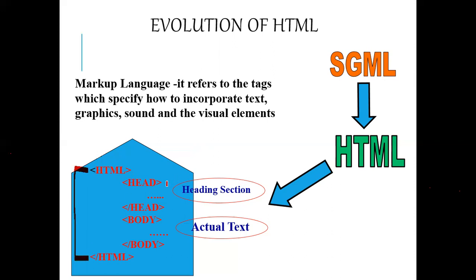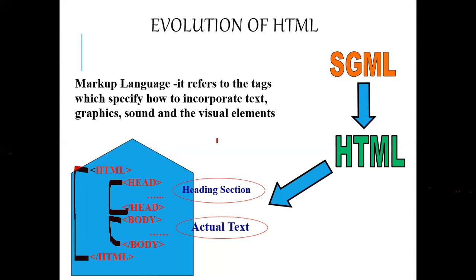The first section is called the head section, and the other section is called the body section. The web page you design is divided into these two sections, and they are placed inside the opening HTML tag and the closing HTML tag.